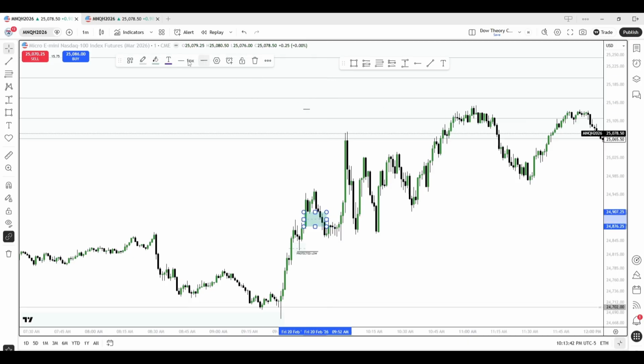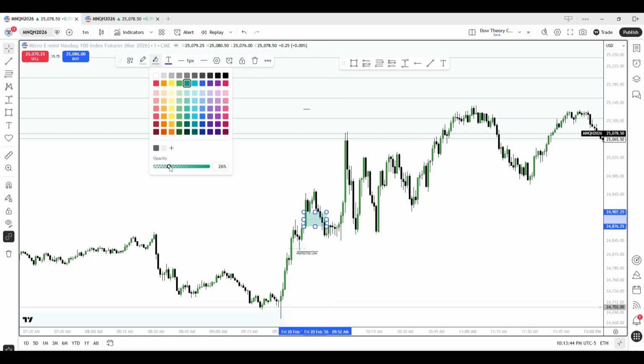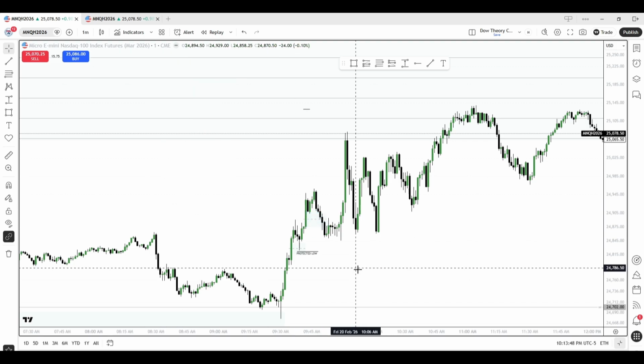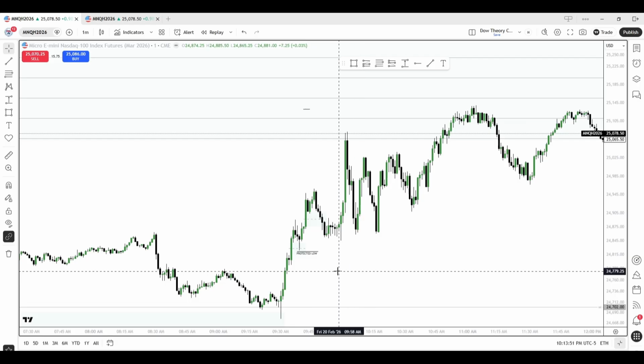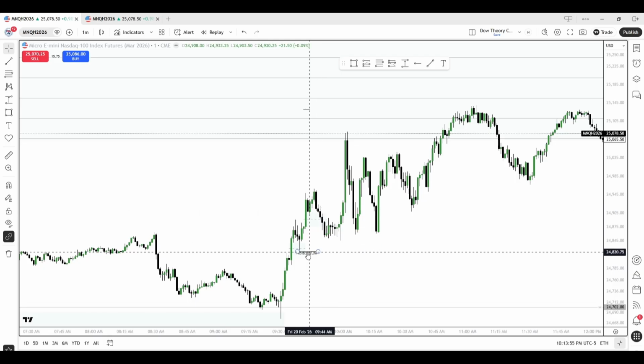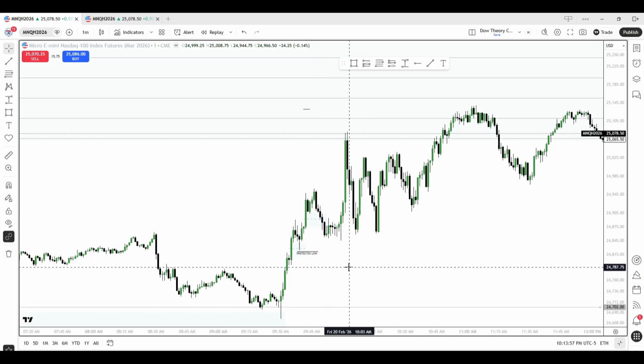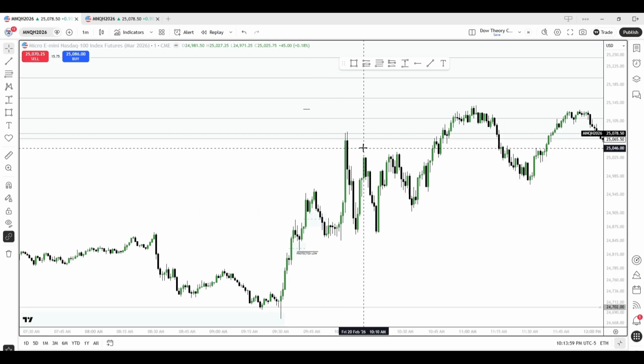I was pleased with the setup. I was pleased with the logic. I was pleased with the execution, because sometimes I won't pull the trigger, and that's something I'm getting more accustomed to: pulling it, having a protective stop, trusting it, and just letting it run.